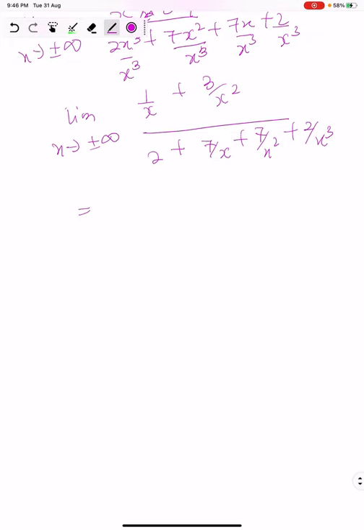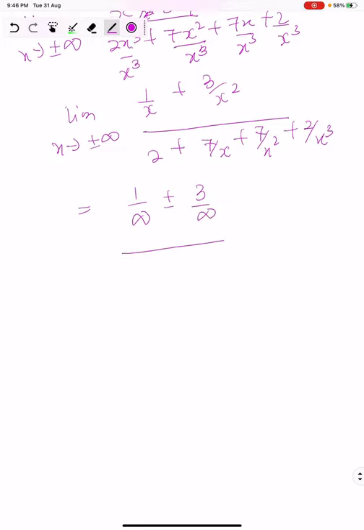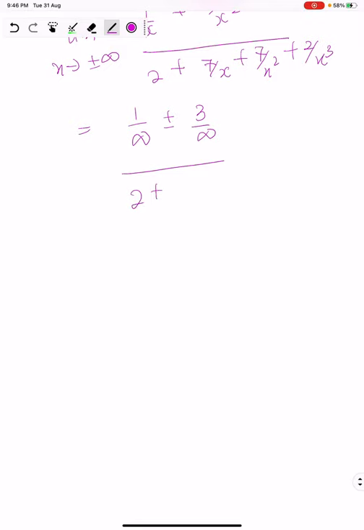All right, so this becomes 1 over infinity plus or minus 3 over infinity, all over 2 plus or minus 7 over infinity plus or minus 7 over infinity plus or minus 2 over infinity. And this is equal to 0 plus 0 over 2, which is equal to 0 over 2, which is equal to 0.